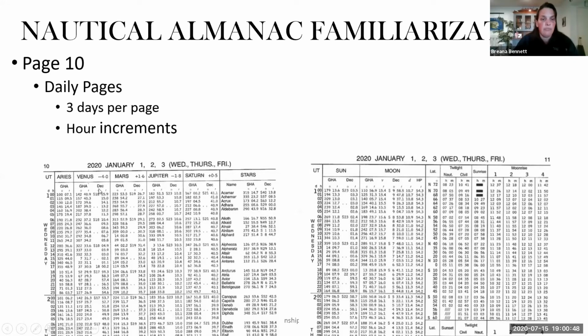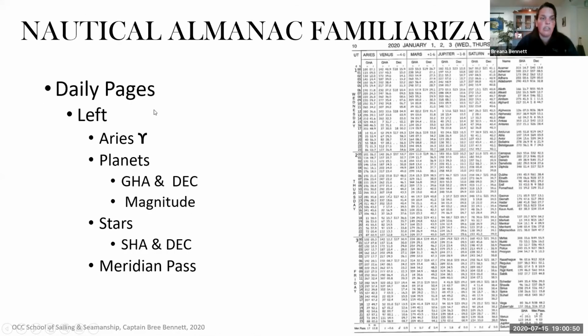But let's see. On the left side, we have Aries. And again, Aries is that reference point that we use to measure basically our stars. Our SHA plus our GHA will give us the GHA of the star. So that Aries we use as a reference point. Then we have Venus, Mars, Jupiter, and Saturn. Those are our 4 navigational planets that we can see.